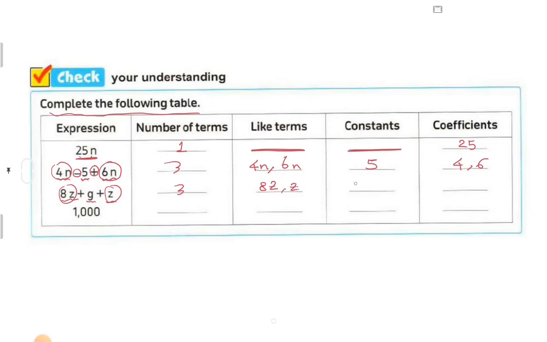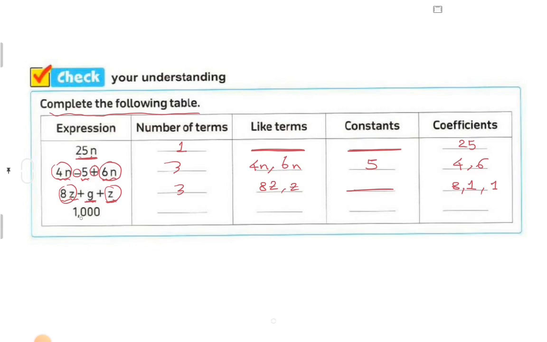Where is the constant? It's all algebraic terms because we have variable and variable and variable, so we haven't any constant. Where is the coefficient? Coefficient of z, 8. Coefficient of g, just one g. Coefficient of z, just one z.